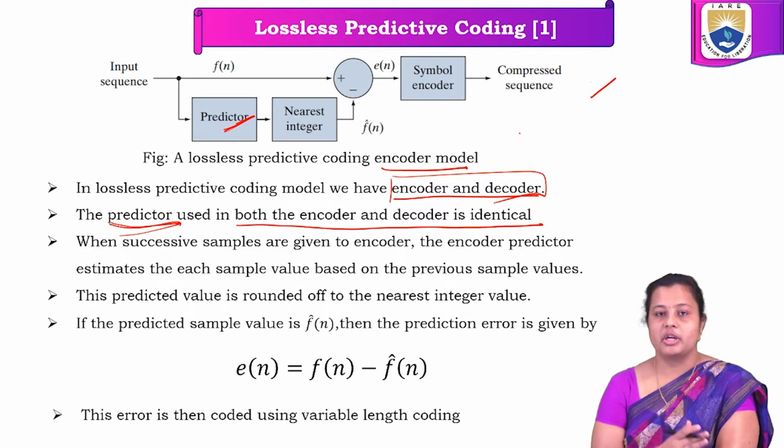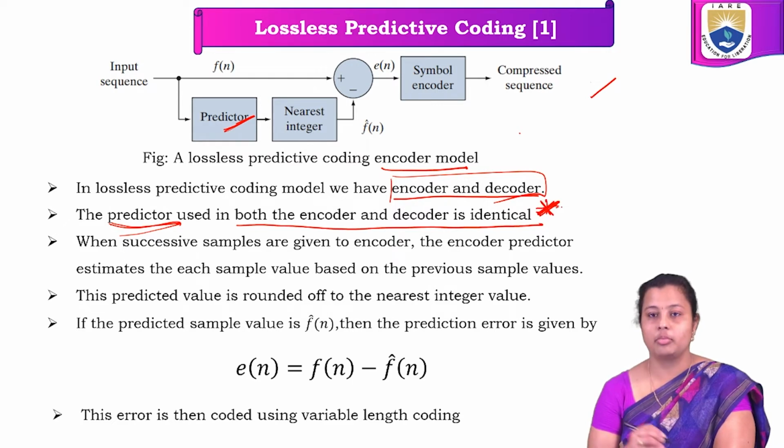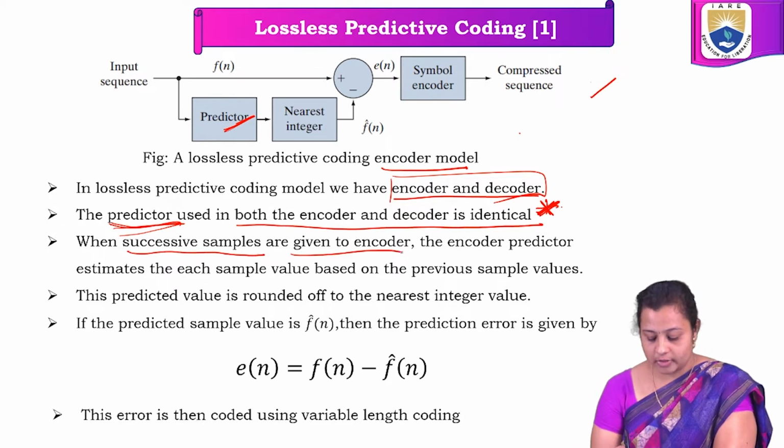Whatever kind of predictor we use in the encoder, the same replica we use in our decoder. If we do not use an identical predictor, then we will face a lot of errors. So this is a very important point: at both encoder and decoder the predictor must be identical. Then we give the successive samples to the encoder.